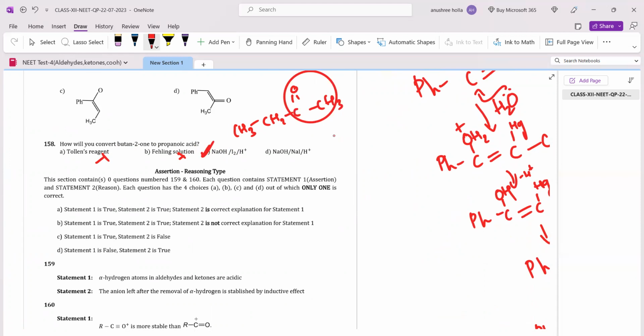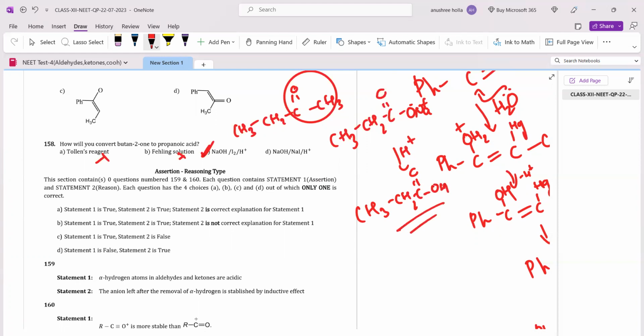Iodine in alkali. So this will get oxidized to carboxylate. Now, if you add H plus to this, you will get propanoic acid, COOH. This Na plus will be replaced by H. So this is our propanoic acid. So we can use this option C.